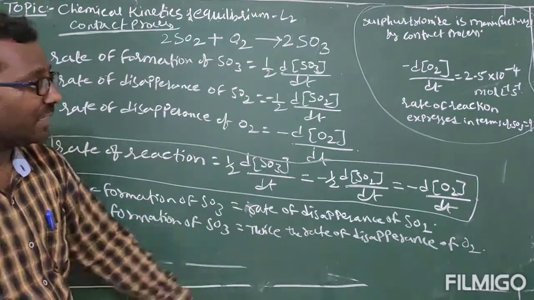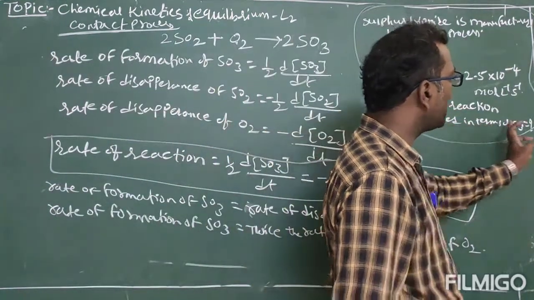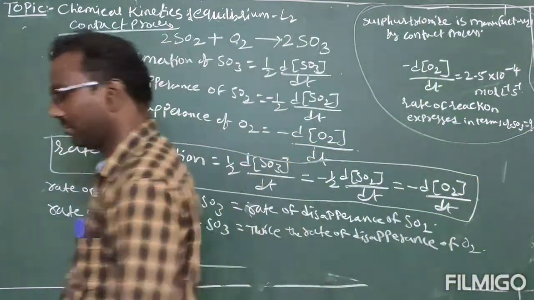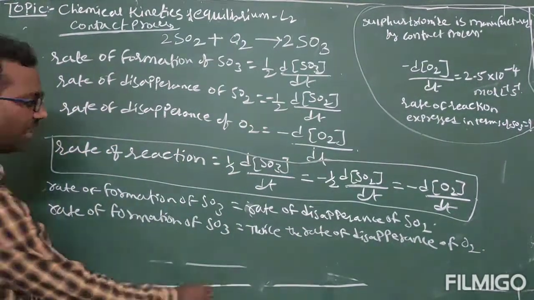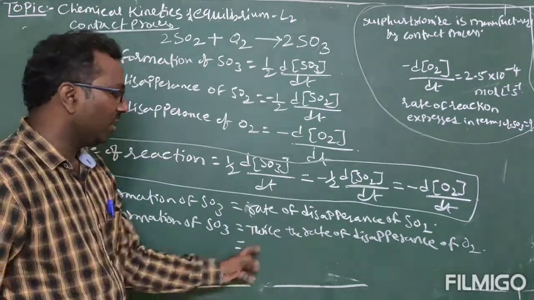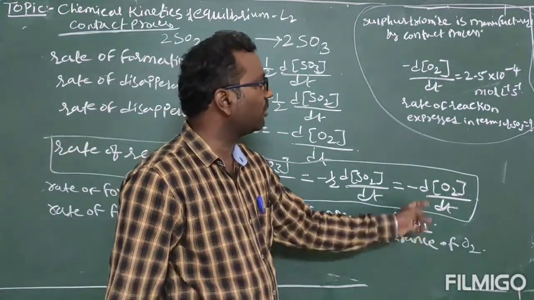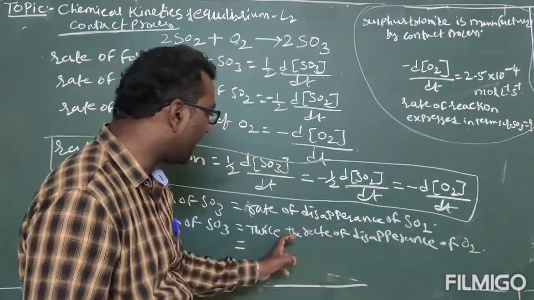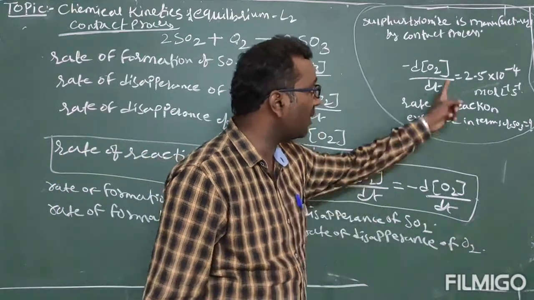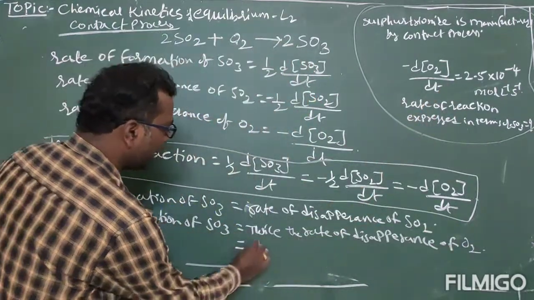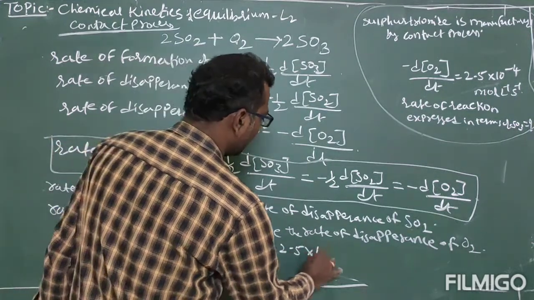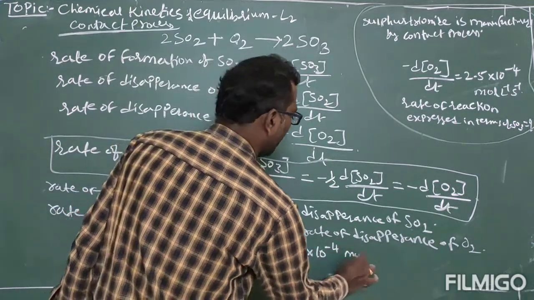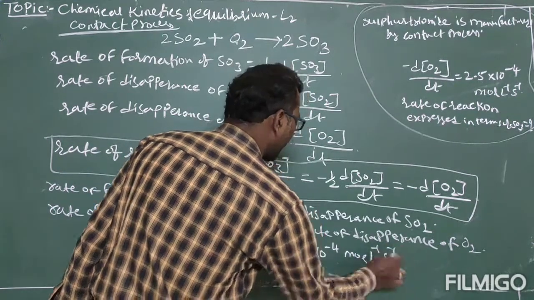Now what is he asking? Rate of reaction expressed in terms of SO3. So rate of formation of SO3 we need. Rate of formation of SO3 is what? Rate of disappearance of SO2 he has not given. But he has given the rate of disappearance of oxygen, which is twice, means 2 into 2.5 into 10 power minus 4 mole liter inverse second inverse.